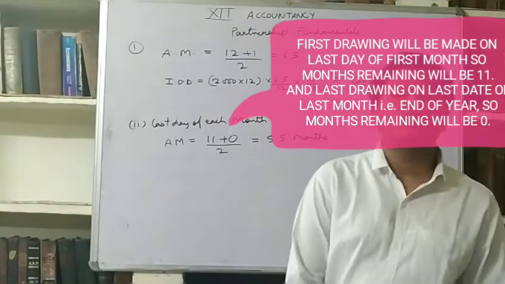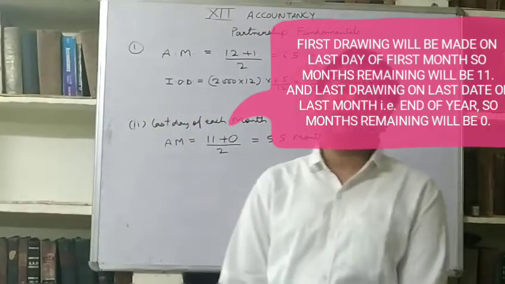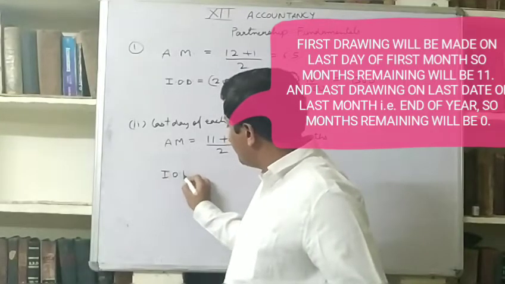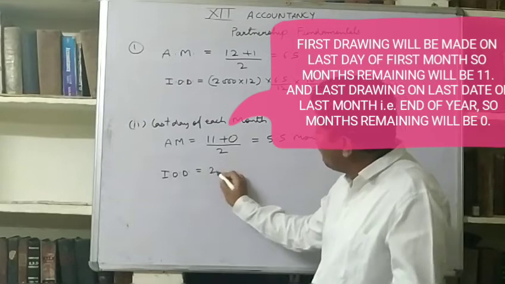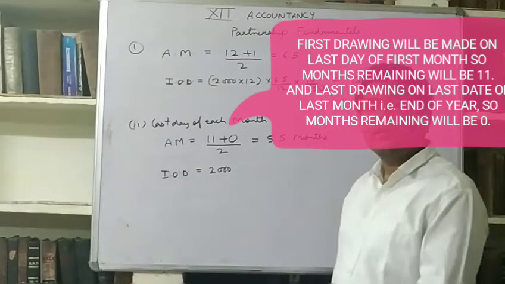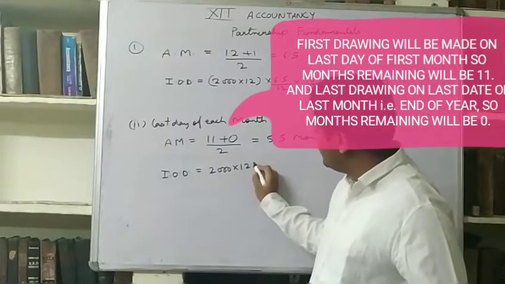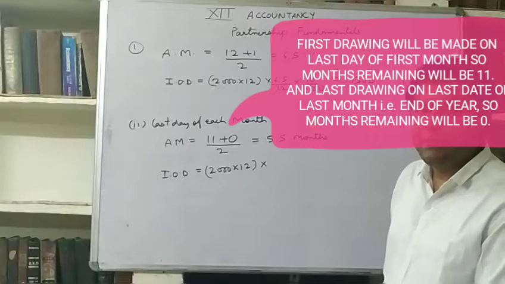rate of interest is 10% per annum, what will be the total interest on drawing? Then total interest on drawing will be total annual drawings. He is withdrawing 2000 per month, so 2000 into 12, into average months upon 12.